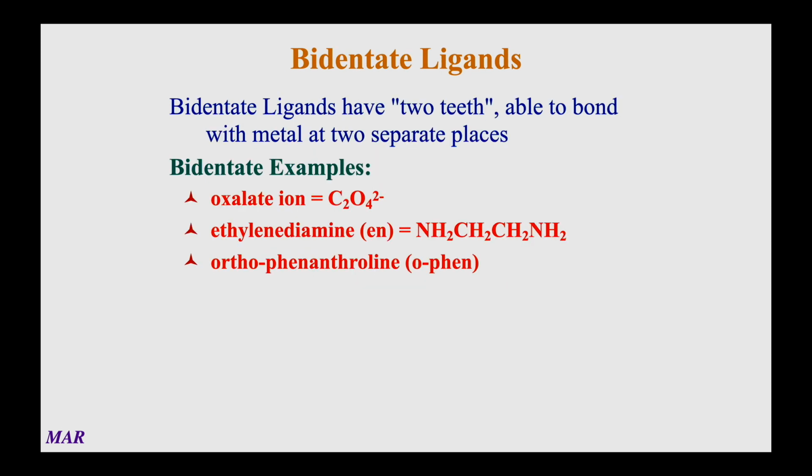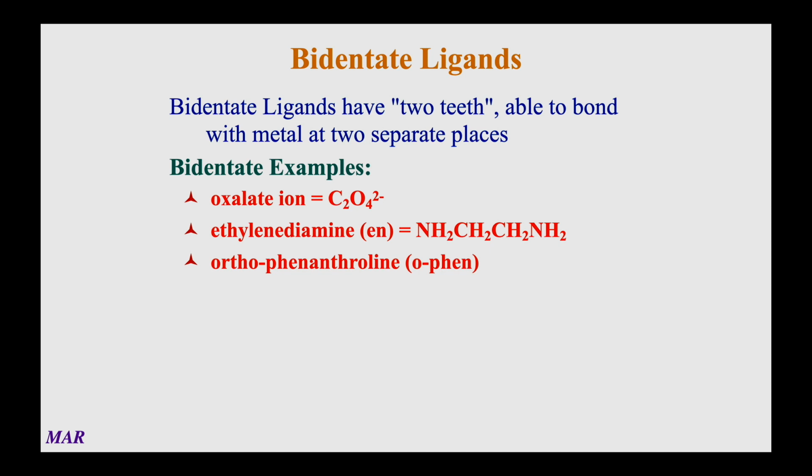A bidentate ligand is just a Lewis base, but with 2 places to connect to the metal center, or 2 teeth, all right? And that's kind of interesting. Some of the common examples of bidentate ligands in coordination chemistry include the oxalate ion, which we've talked about a little bit in this class, but not a lot. Oxalate is just a big polyatomic ion. A much more common bidentate ligand is the ethylene diamine ligand.